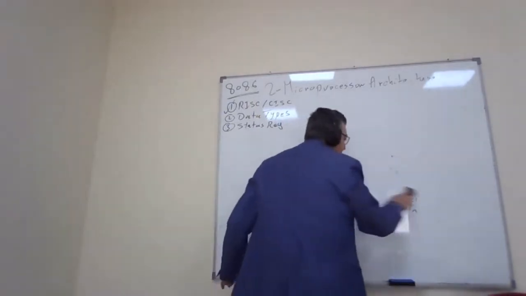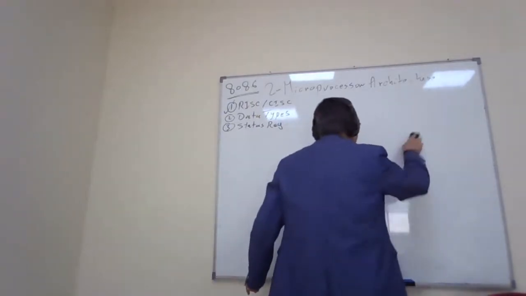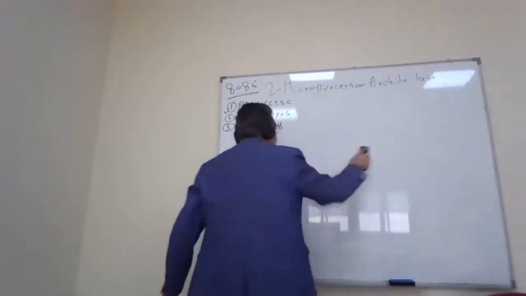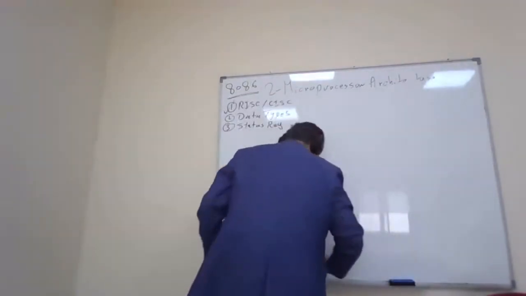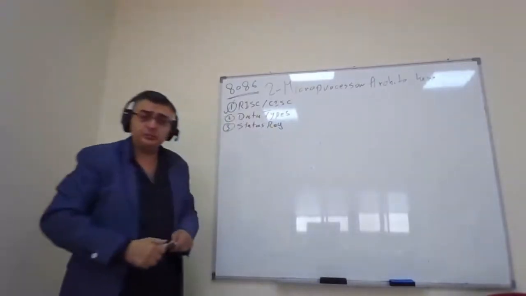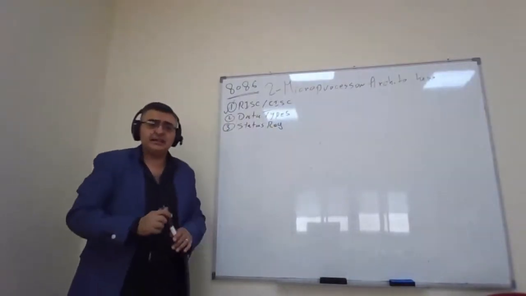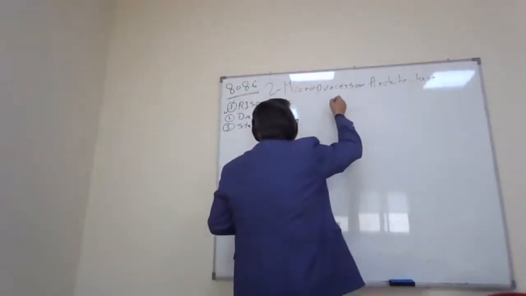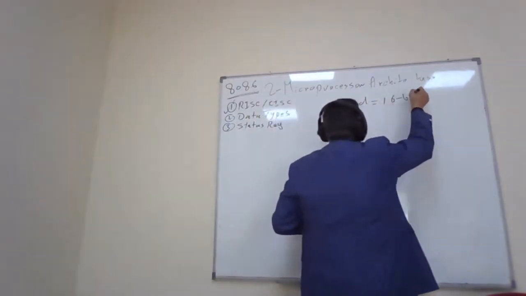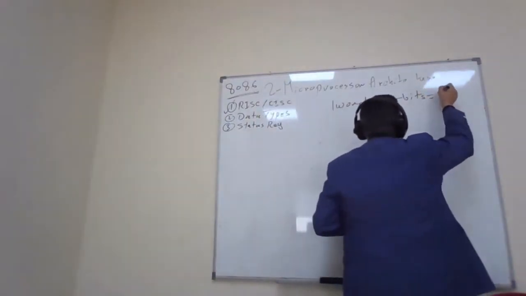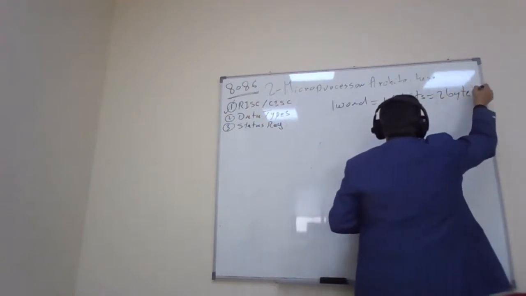Our machines today are not 16 bits. The machines of today are 64 bits, so that means they are quad word machines. We don't want to confuse the programmer, so they fix the size of one word to be 16 bits, 2 bytes.